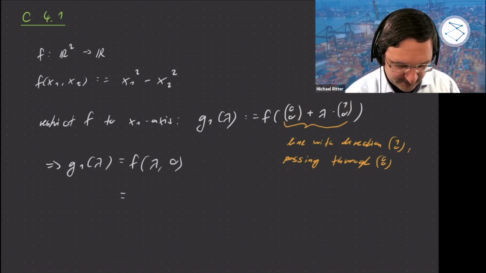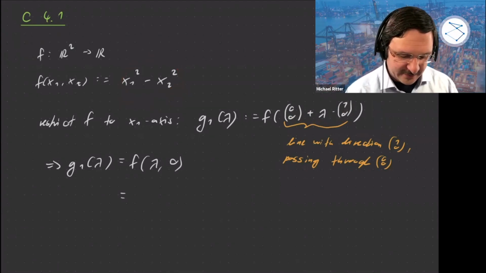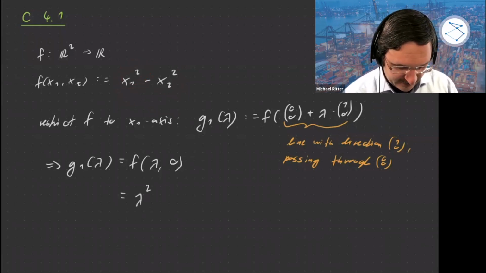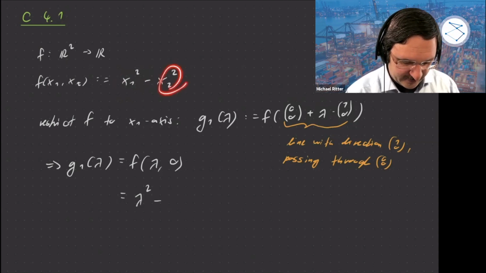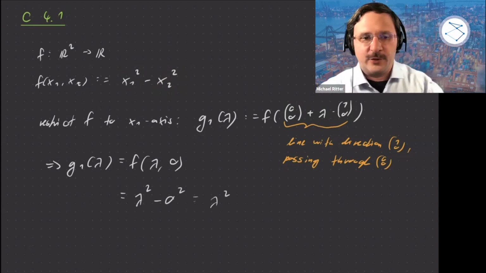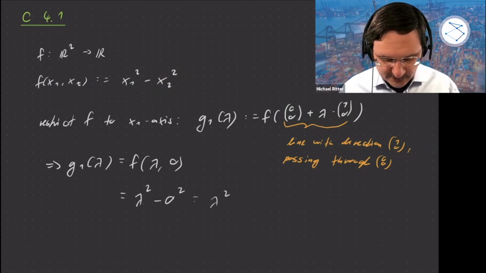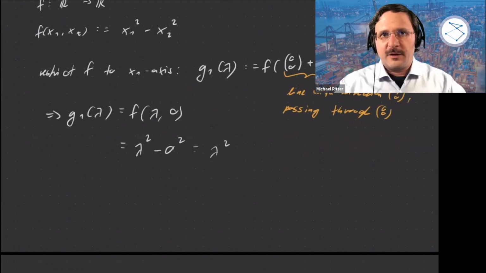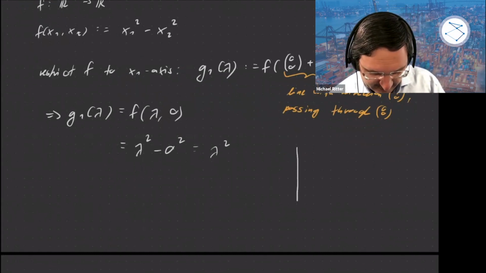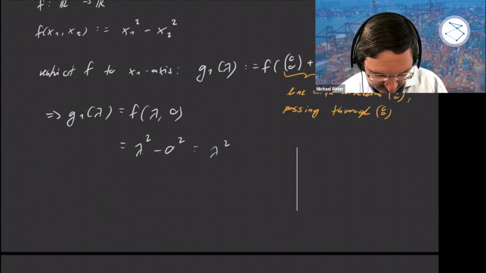And if we just substitute that here into this definition, we get x1 squared, that's lambda squared, minus x2 squared, and x2 is 0, so 0 squared. And of course, that's just lambda squared. So that means if we consider the function along the x1 axis, it basically looks like this here.